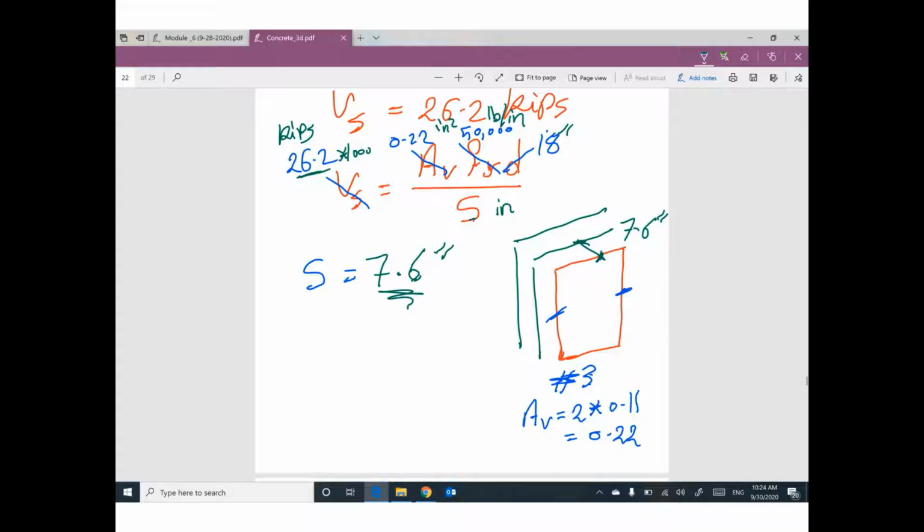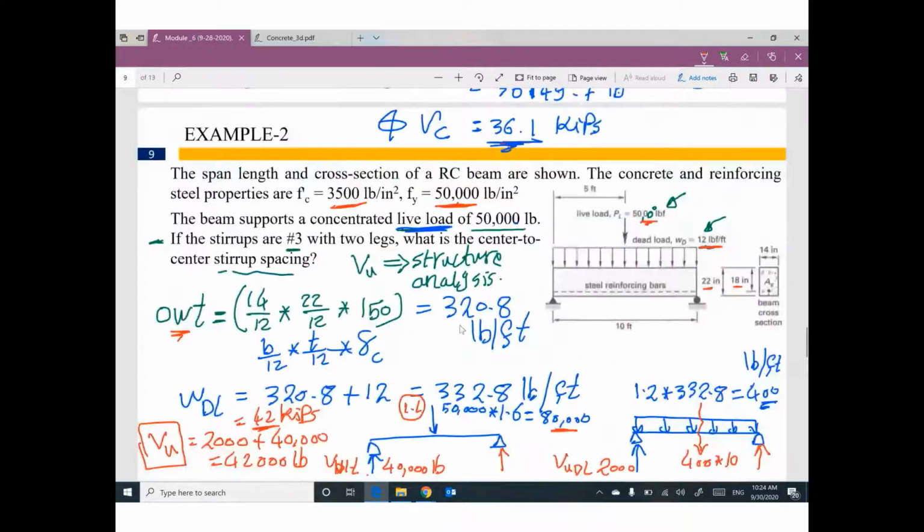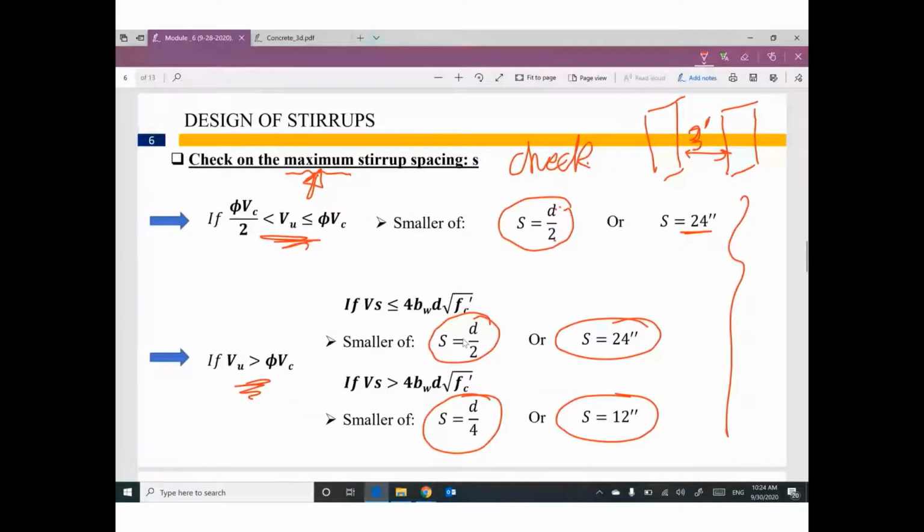If you would like to make sure this number is less than the maximum spacing, this number must be less than the maximum spacing which is permitted by ACI. So we have here conditions. Check on the maximum spacing. We are not in this case. We are in this case.